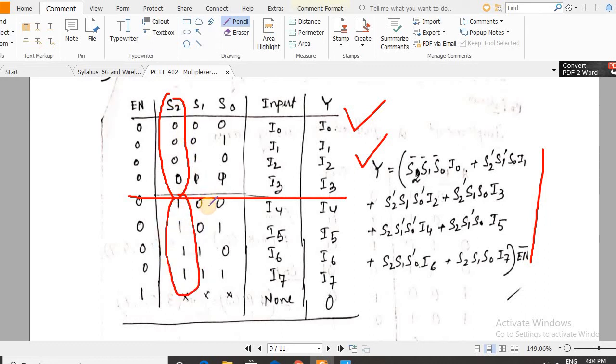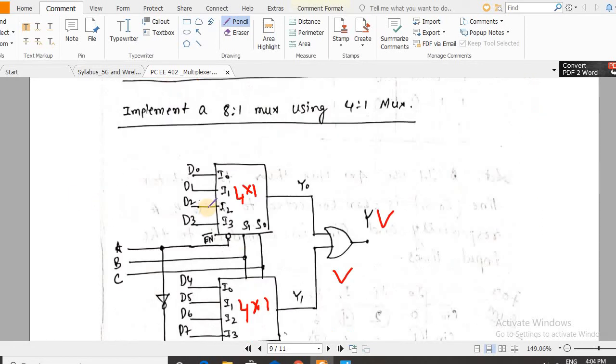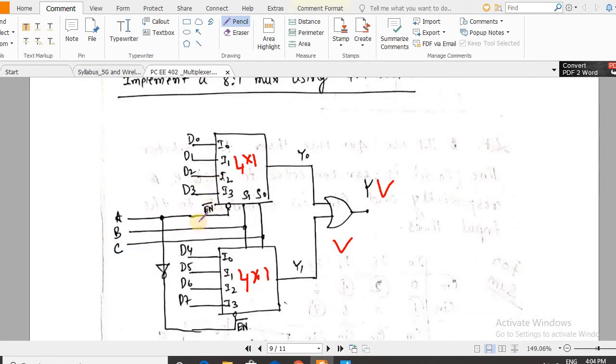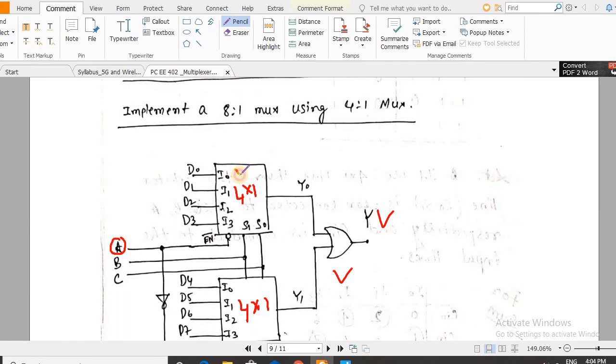So this concept actually helps us to design an 8x1 mux. How? Obviously, if we connect this A, that means the MSB of the selector line, with the enable line of the two 4x1 muxes.